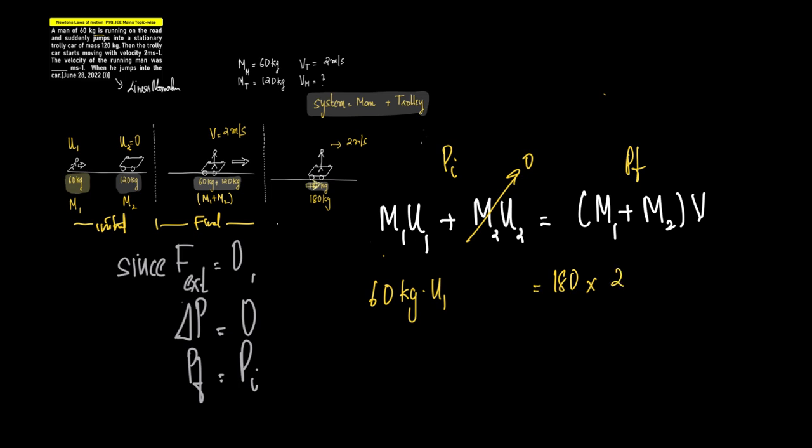So this is into 2, and therefore u1 is equal to 180 into 2, which is 360 upon 60, which is equal to 6 meter per second. Which means the velocity of the man was 6 meter per second.